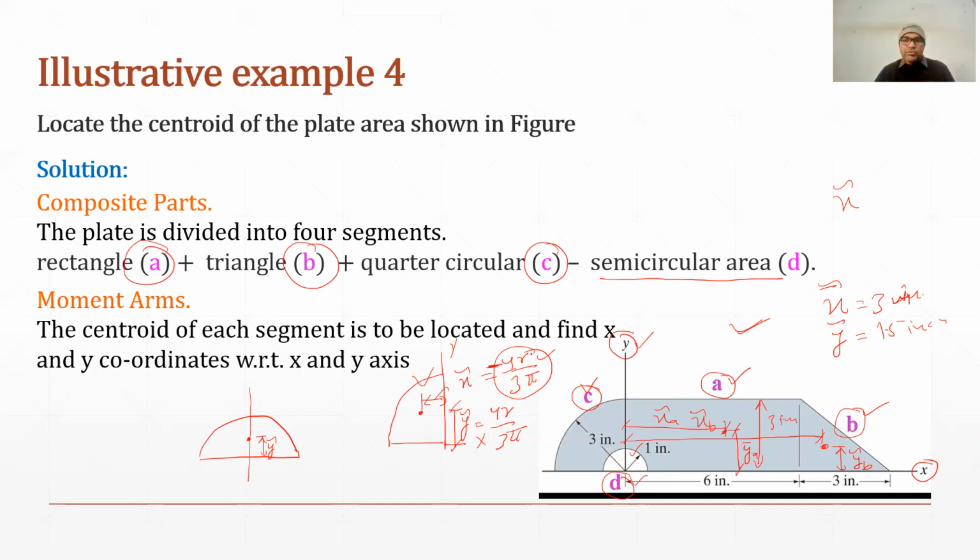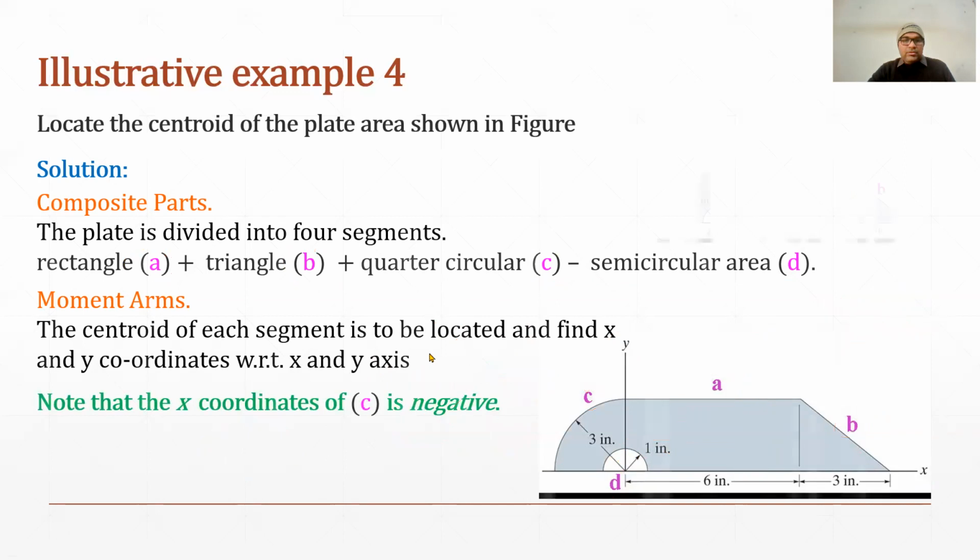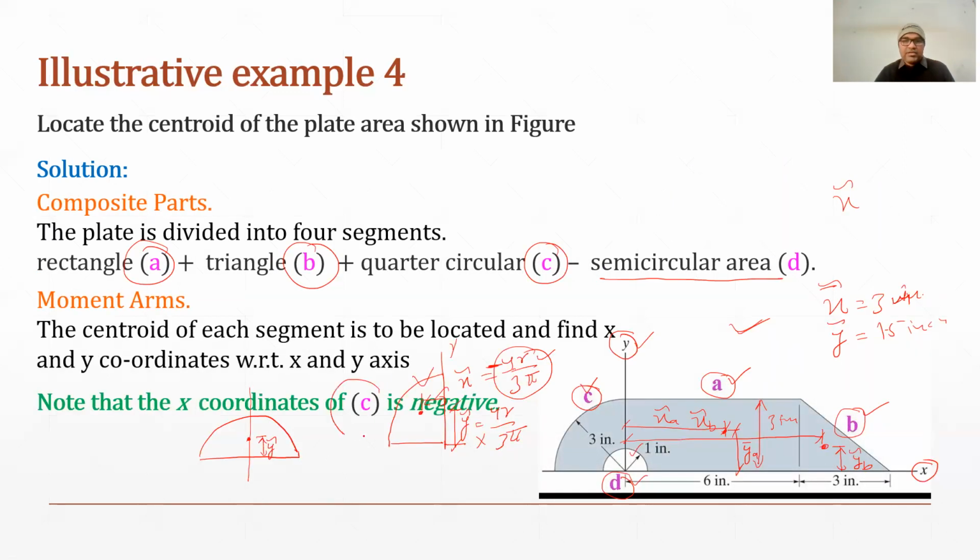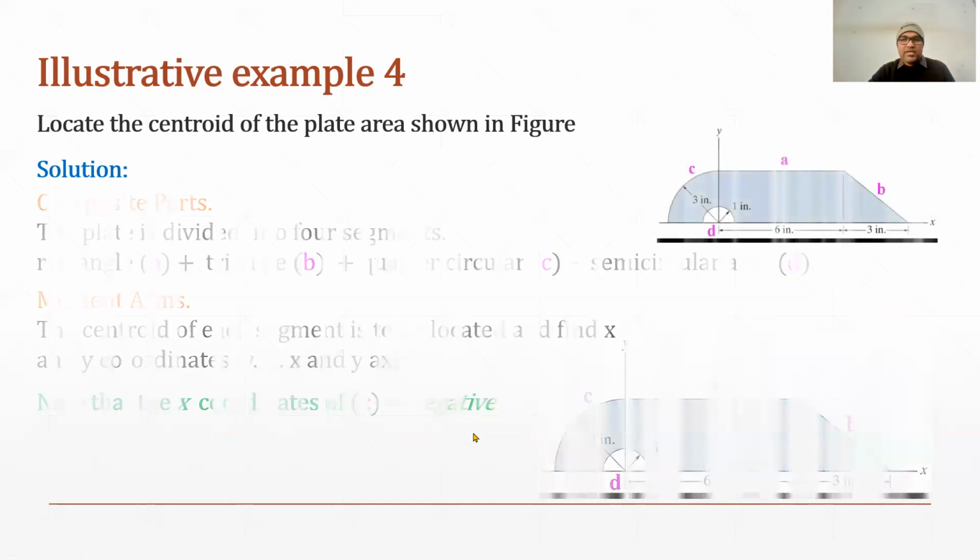I think these values you can find from the common areas that I have shown earlier in the slide. So from there you can find out the coordinates of the semicircle and quadrant. And yes, here also I have written that the x coordinate of area C will be negative because it is on the left of y-axis.